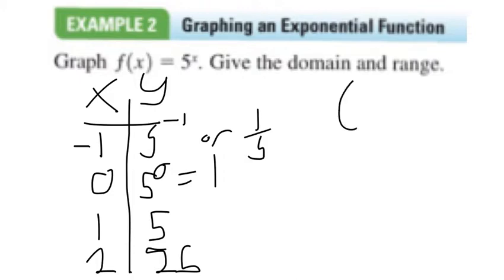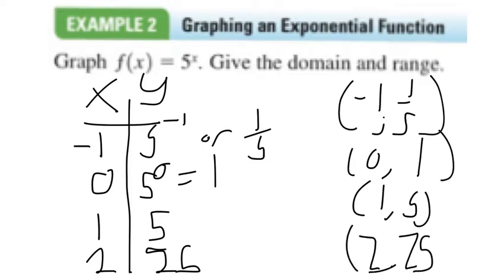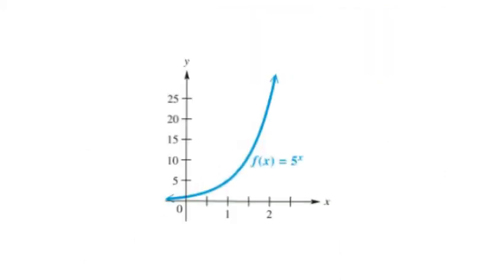So you can plot the points negative 1, 1/5, 0, 1, 1, 5, and 2, 25. If you plot those points, they should allow you to draw the graph fairly accurately, and your graph should look something like this.